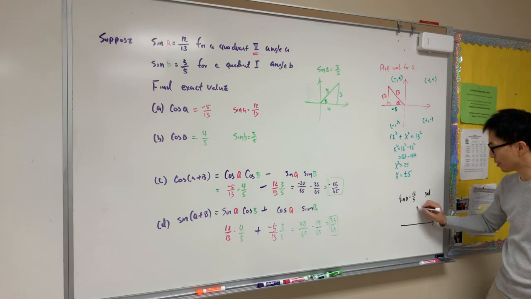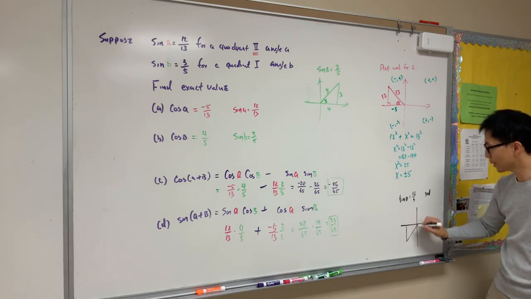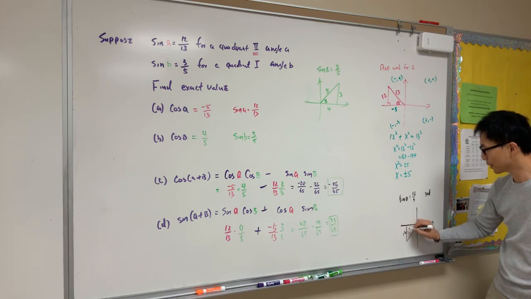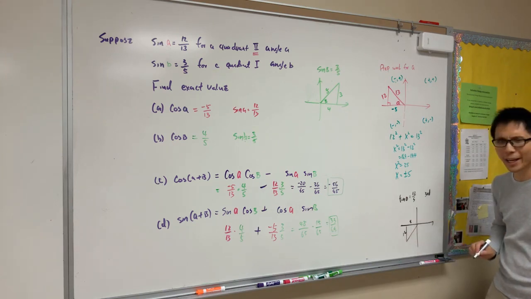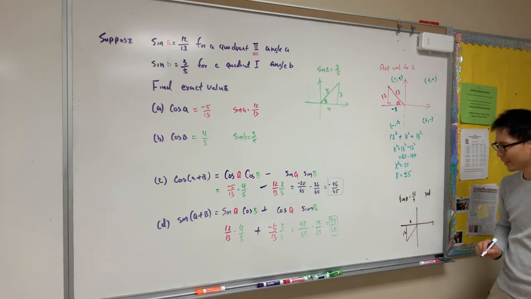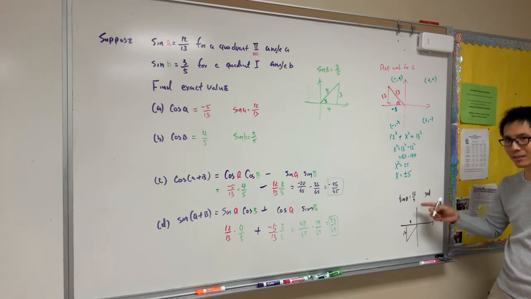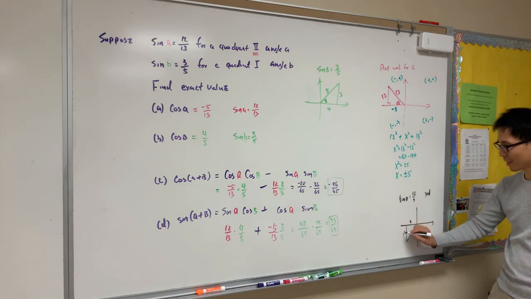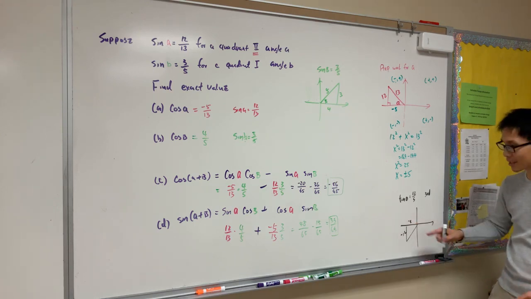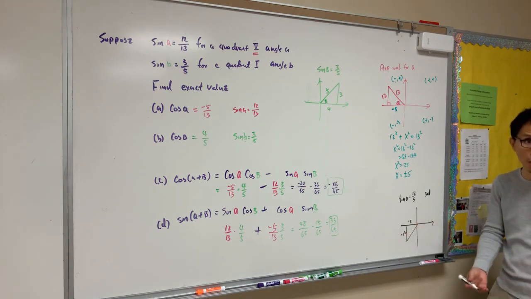Then you gotta say, okay, let's draw a triangle right here. This one is 12, right? And this one's 5. And you're like, wait, this is positive, but that doesn't make sense. This one should be negative, because 12 over 5 is positive. Negative 12 over negative 5 is also positive.